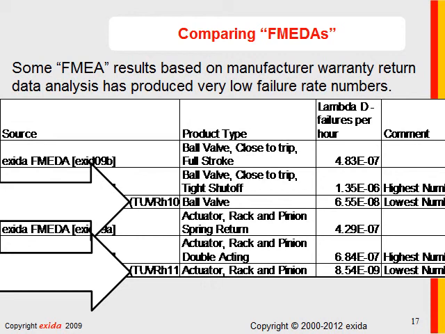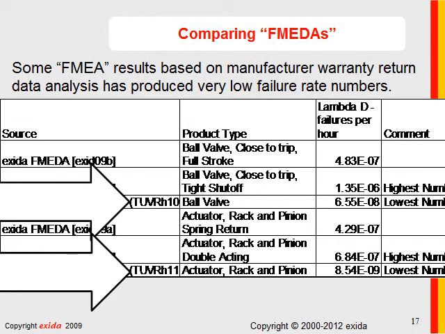FMEDA results done by exida with the field failure calibrated database show a number as low as 4.8 e to the minus 7 failures per hour, or as high as 1.35 e to the minus 6. It's not quite an order of magnitude. What's the difference? It has to do with the operating application of the valve. Do we need tight shutoff, or is the valve fully functional even when there is some seat leakage? Certain failures of the seat, therefore, don't count.